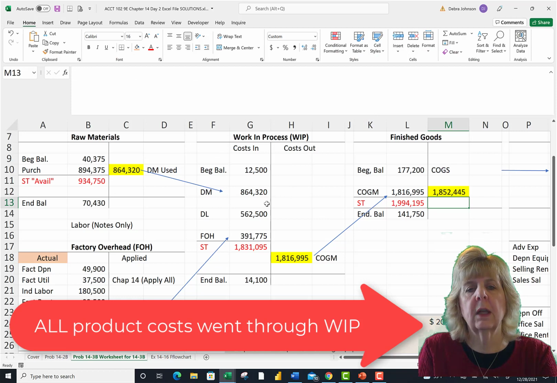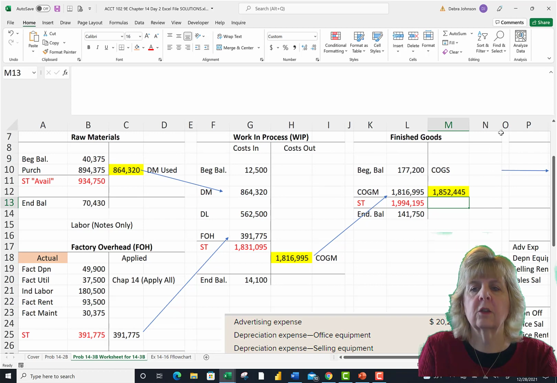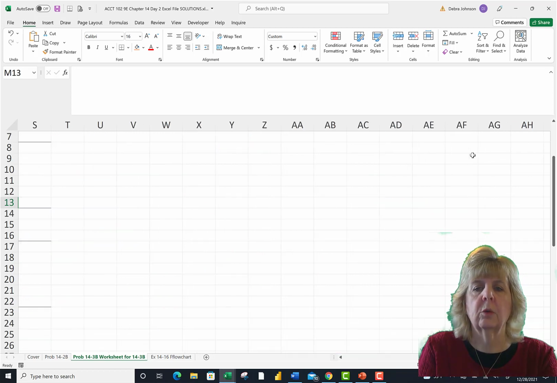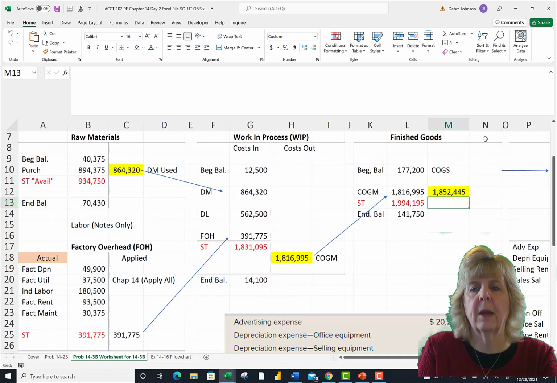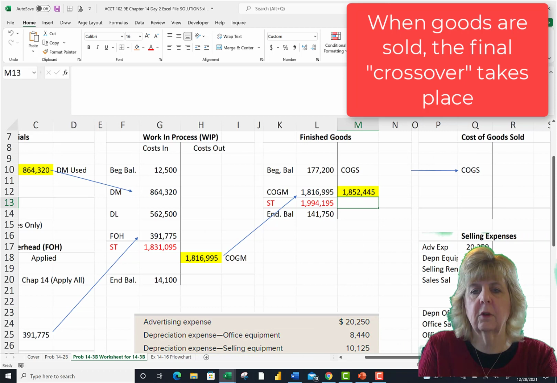And eventually, as the goods were finished, most of them, and then eventually sold, we came up with the amount that's going to go on the income statement. And that's where the crossover between the income statement and the balance sheet takes place. Let me move this over a tad so that you can see cost of goods sold.